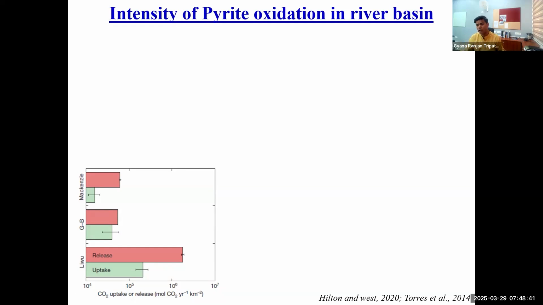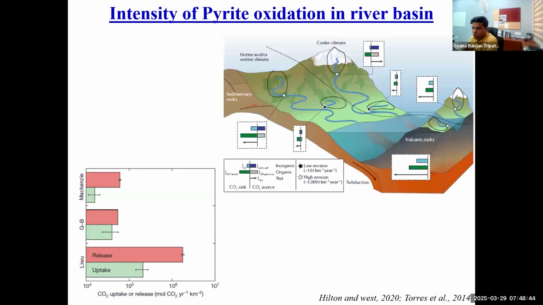Does that happen all across the river? No, there are certain pockets where this intensity is much higher. And if you see the rates again on a basin-wide scale, in the cooler climate of the glaciated region, the glacial oxidation helps in releasing a lot of pyrite minerals, which produce sulfuric acid, and their subsequent dissolution involving carbonates acts as a net source in the mountainous region. Then there are the floodplains, where silicate weathering actually dominates.